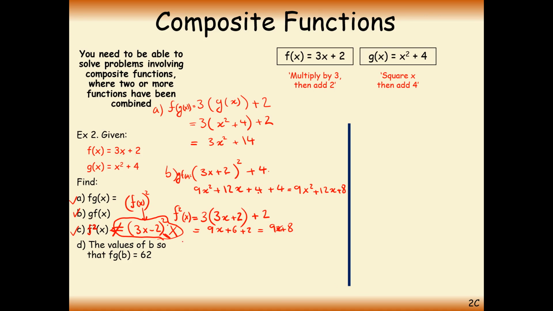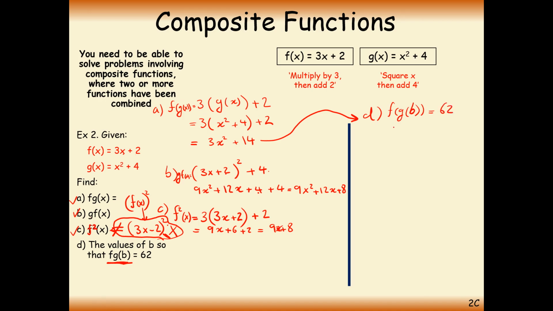In part D, we've been asked to calculate the value of b when the output of the function is 62. We have already calculated what f of g of x was in part A, this expression here. Let's use it. So f of g of b has to equal 62.